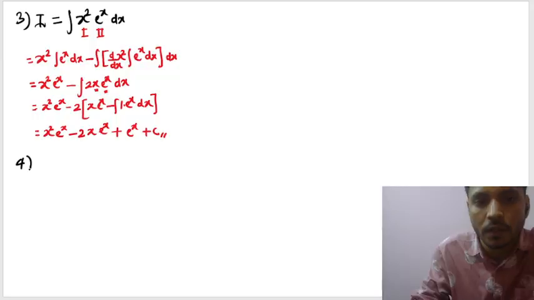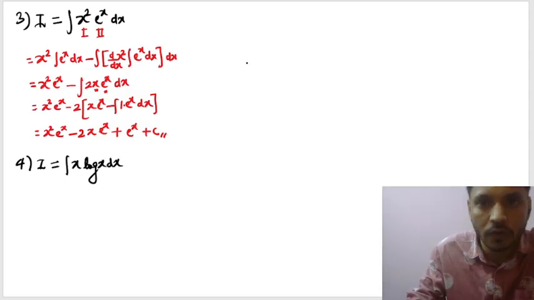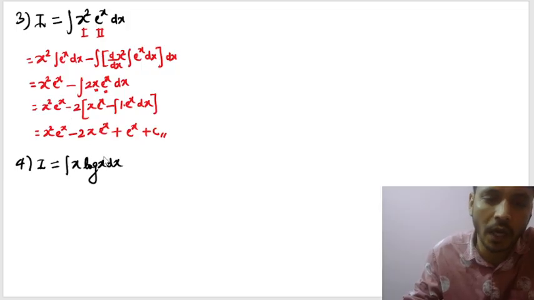Sorry, 4. Here we have given I is equal to integration of x log x into dx. So according to the ILATE rule, which is the first function and second function, L is coming first. That means this log is the first function and this is the second function here.